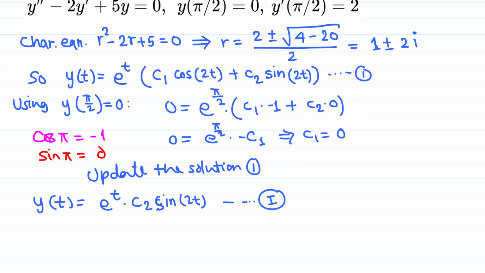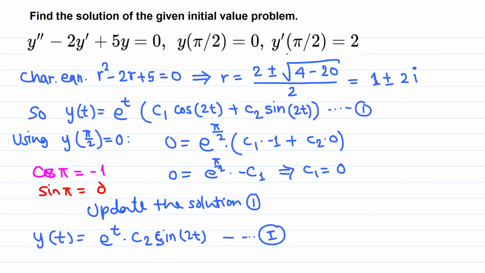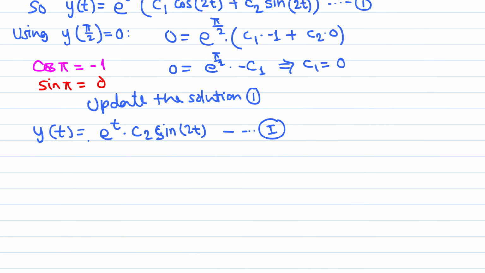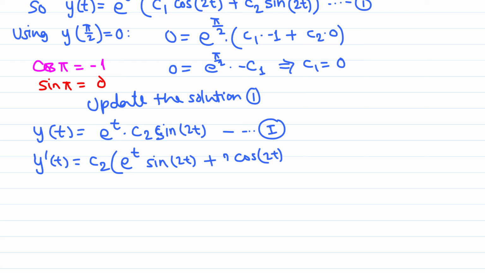To apply the second initial condition, because it is given in terms of y prime, we need to find its derivative. c2 is constant, e^t sine 2t, two functions, so we must use the product rule. y prime of t equals c2, u times v, so the derivative of the first factor itself, sine 2t, plus the derivative of the second factor, the derivative of sine 2t is cosine 2t times 2, from the chain rule, derivative of 2t is 2.